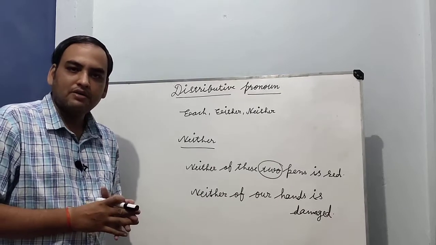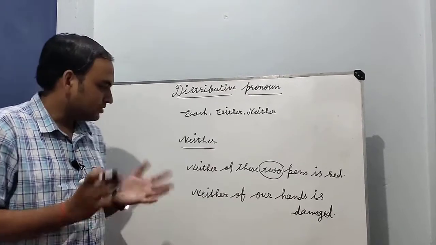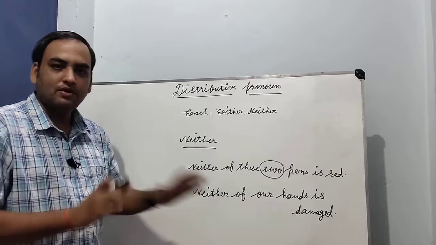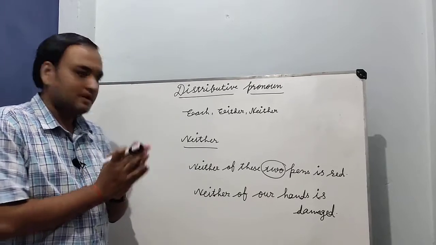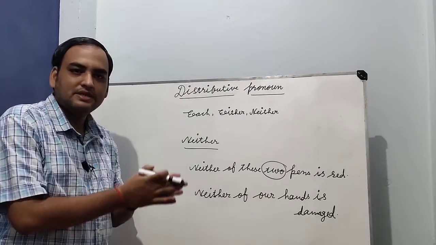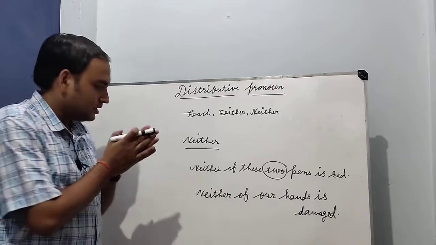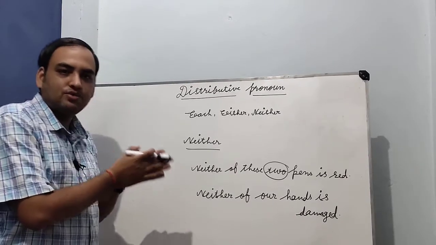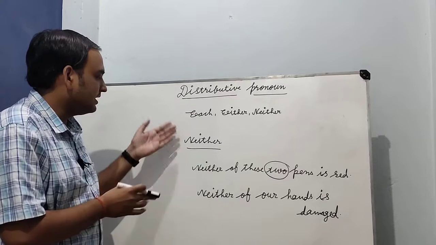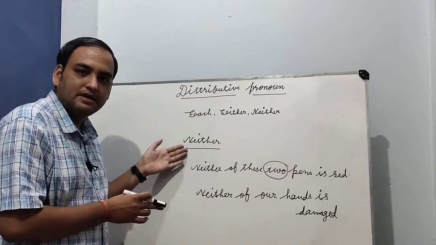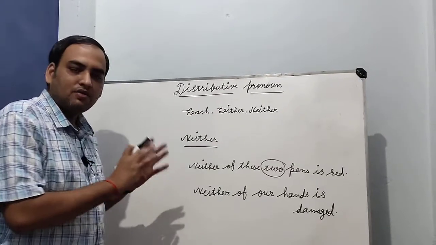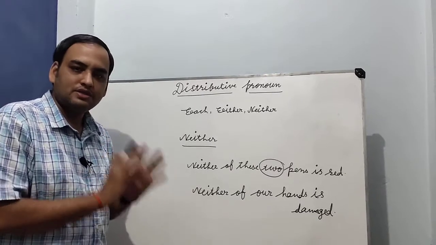How many hands do we have? We have only 2 hands. So 2 is not mentioned. If in a sentence 2 is not mentioned, then it is understood in the case of either and neither that there are only 2 persons or 2 things.